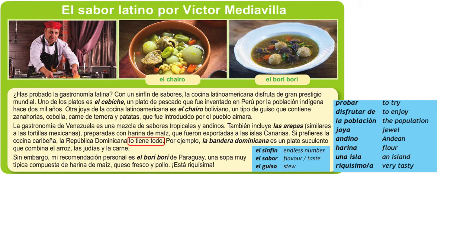Lo tiene todo. Last one, riquísima. This is a nice way to extend your adjectives. Instead of saying muy rico, very tasty, you can add the ísima ending onto an adjective. Riquísima means really tasty. So you can add that onto any root adjective.